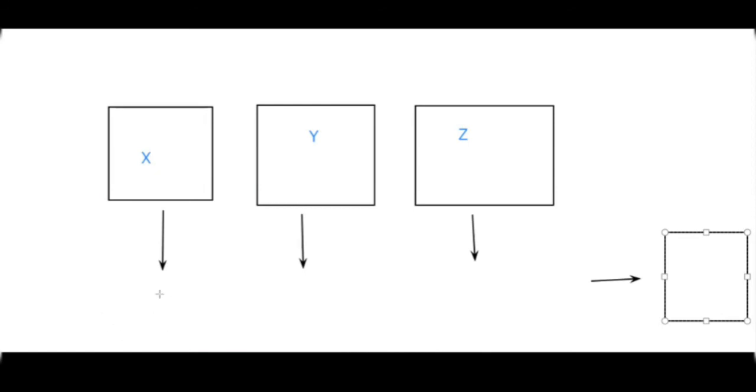If the X quality test is passed, it would have value 1. If the Y quality test is passed, you would have 1 here, like that. This can have either 1 or 0, and this also can have either 1 or 0, and this also can have 1 or 0.